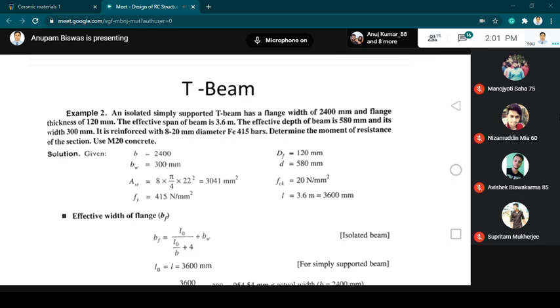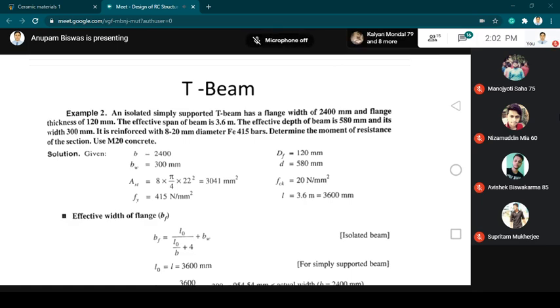So the next step is to check the second case, that is DF is less than 3/7 XU. Earlier we considered DF more than 3/7 XU. This time you will consider DF less than 3/7 XU.